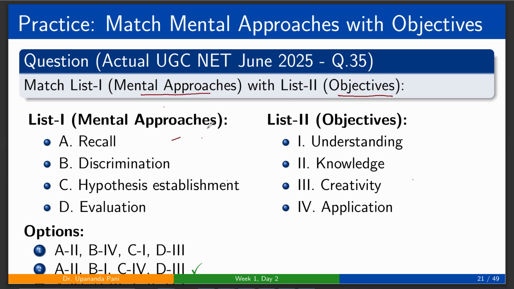Now the question is, you have to match list 1, mental approaches, with list 2, objectives. Can you see? First is the list: recall, discrimination, hypothesis establishment, evaluation. You have to match them with the different levels of objectives. Now you can see which one is more correct.